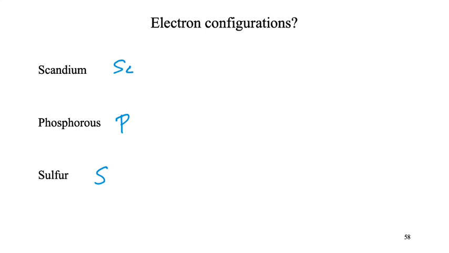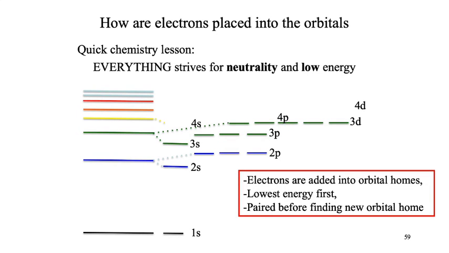Or we could use the electron filling, not diagram, but the electron orbitals that were presented last week. When we're placing electrons into orbitals, they have discrete energies, which is why we have our atomic line spectrum. So if we look at scandium, which we said was Sc, which has how many electrons? 21. Each of these lines represents a single orbital.